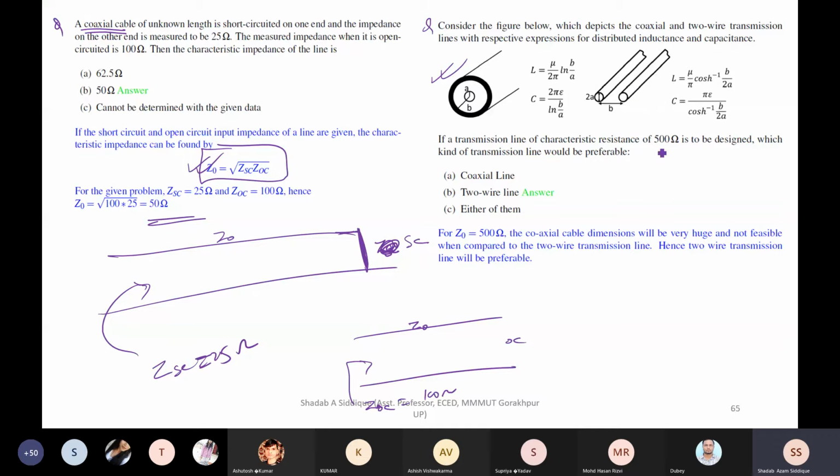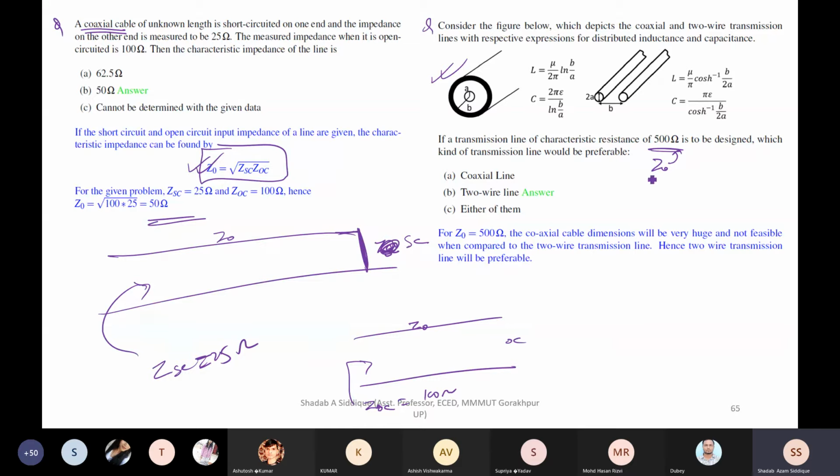If a transmission line of characteristic impedance Z0 of 500 ohm is to be designed, which kind of transmission line would be preferable? One is coaxial line, another is two-wire line, and another option is either of them.